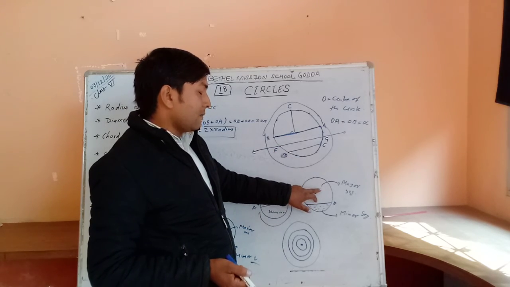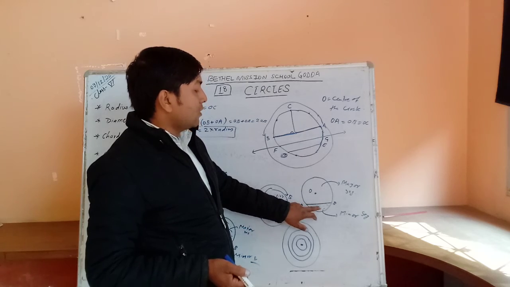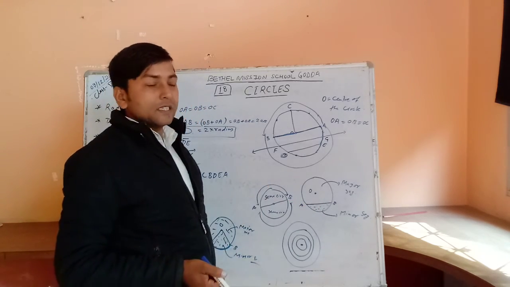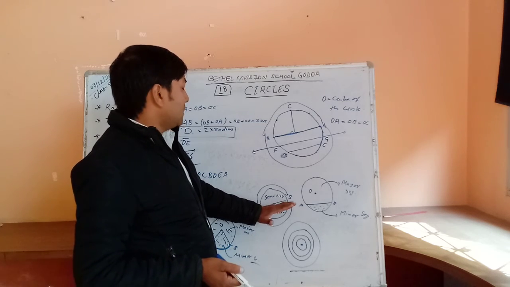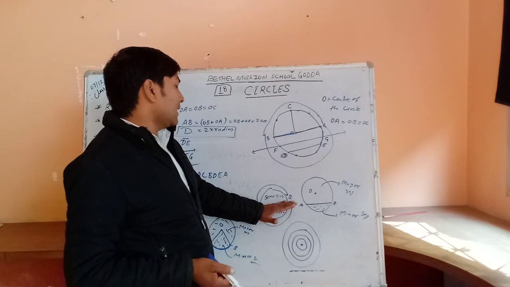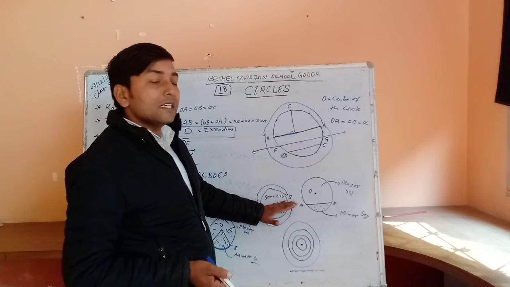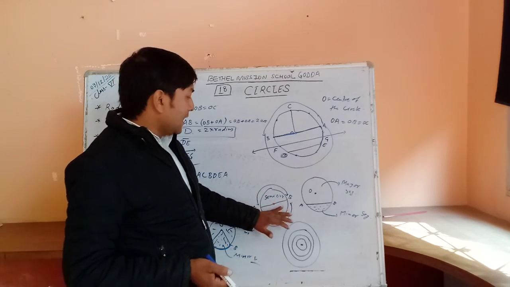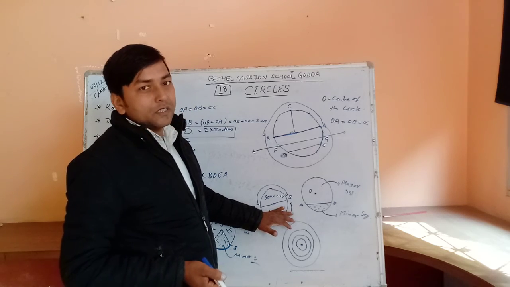This is the major segment, which is bigger, and the smaller is called the minor segment. And the semicircle: if the diameter divides the circle into two equal parts, one is the first semicircle and the other is the second semicircle.